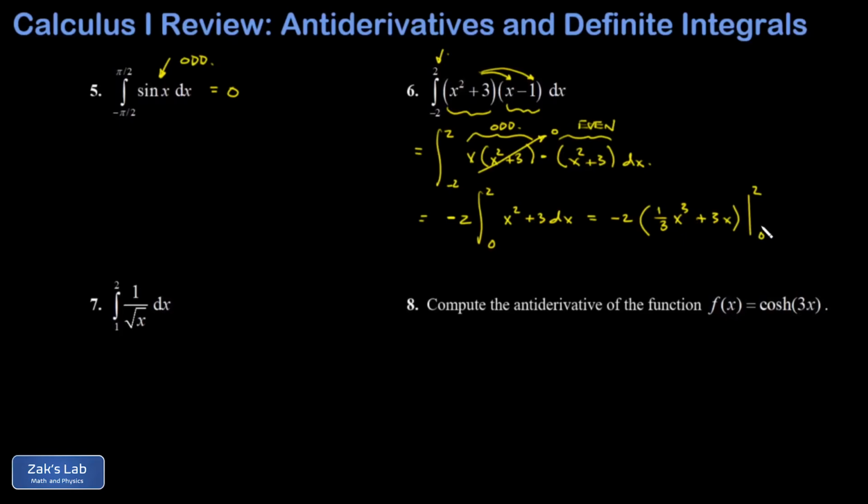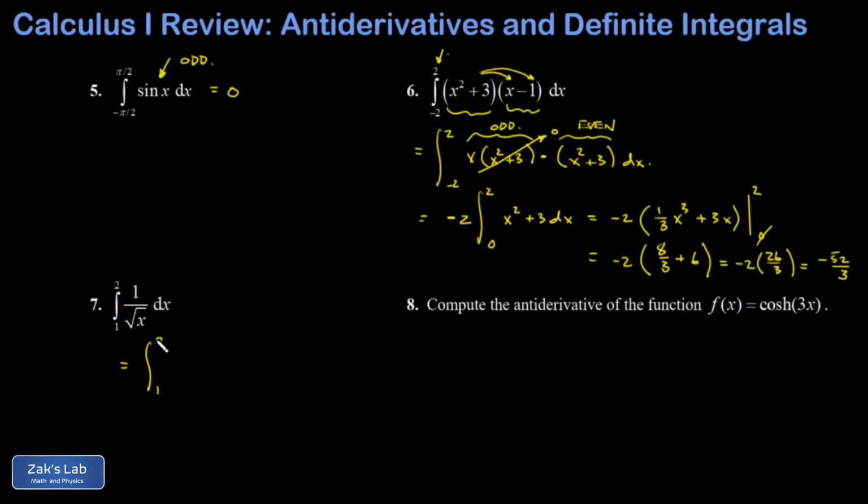And again, we enjoy having zeros because when I sub in that lower limit, both terms vanish, and I don't have to worry about that. Sub in the upper limit, and I get 1/3 2 cubed, or 8/3, plus 3 times 2, which is 6. 6 is 18/3, so this gives me a total of 26/3 in there. And my final answer is -52/3.